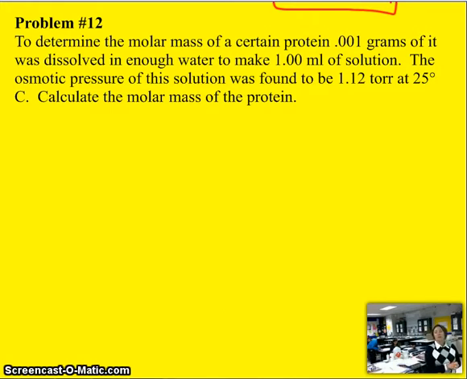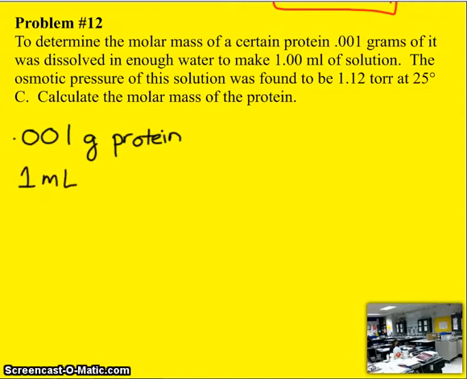All right, so this is another type of problem that deals with osmotic pressure. It says determine the molar mass of a certain protein if 0.001 grams of it was dissolved in enough water to make 1 milliliter of solution. So we have 0.001 grams of the protein that we dissolved in 1 milliliter total of solution.